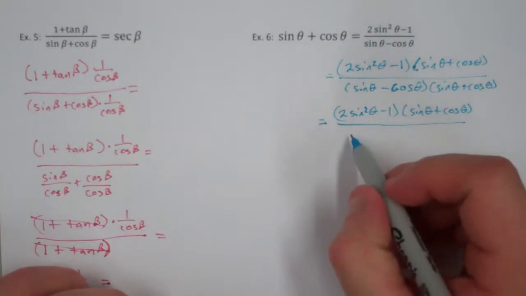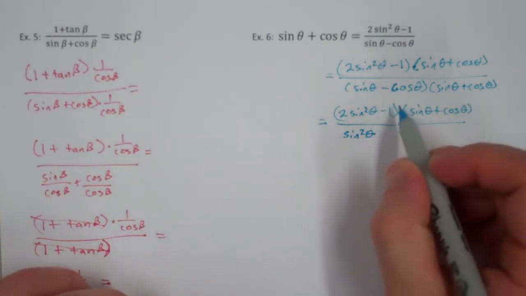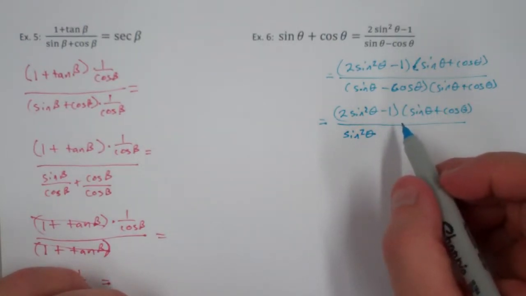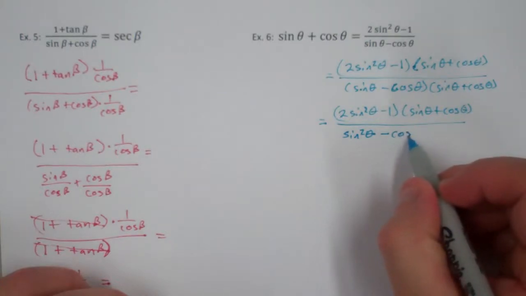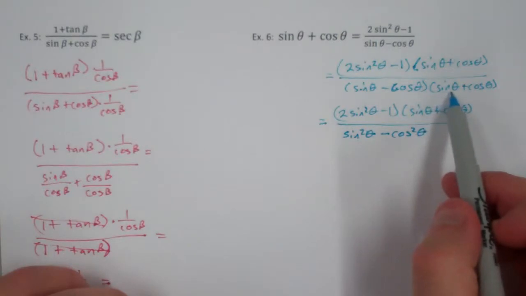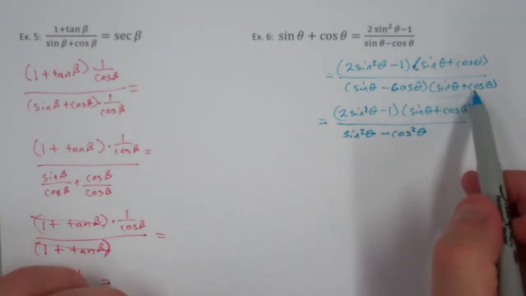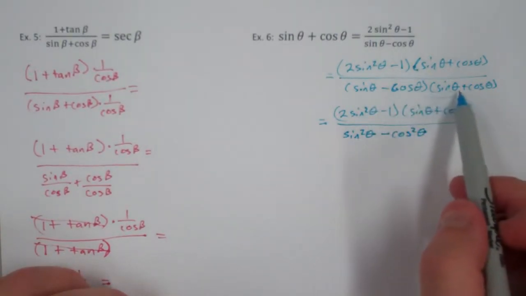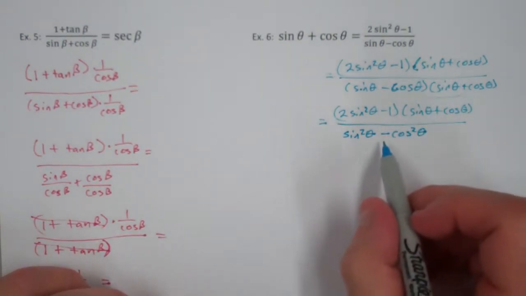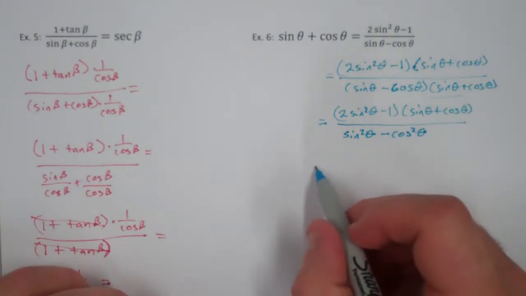You'll notice here that this is going to be sine squared, negative cosine times positive cosine. That is going to be negative cosine squared. And actually, negative cosine theta sine theta plus sine theta cosine theta is 0. This is actually a difference of 2 squares here. So we're good there. You might think you could change this out for 1, but you can't.